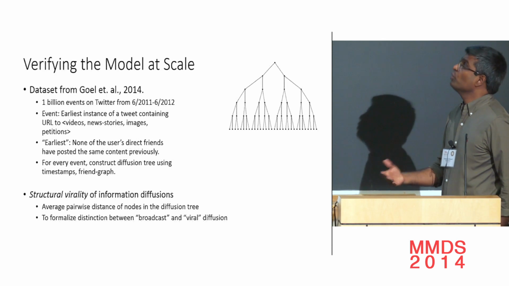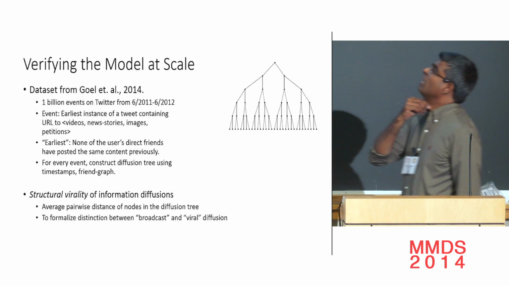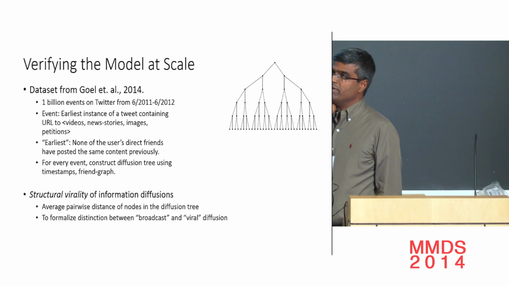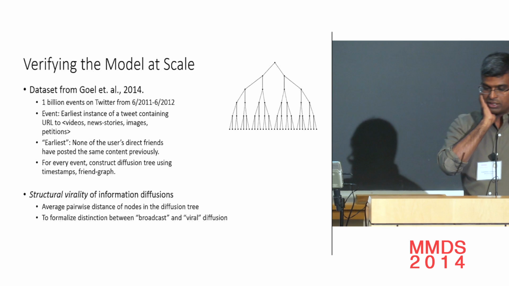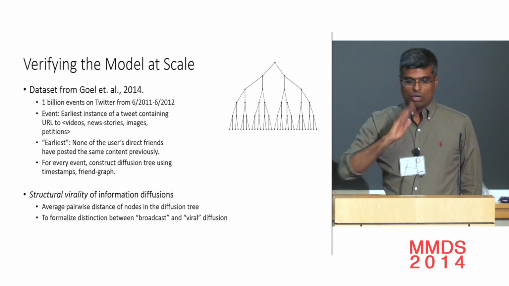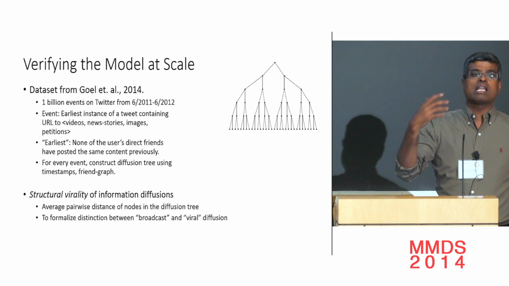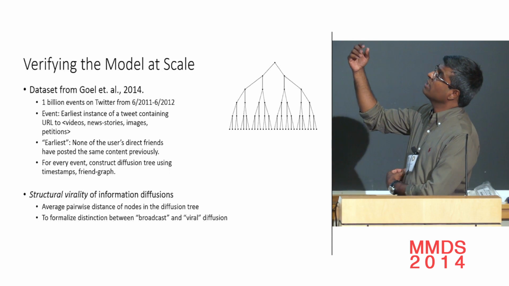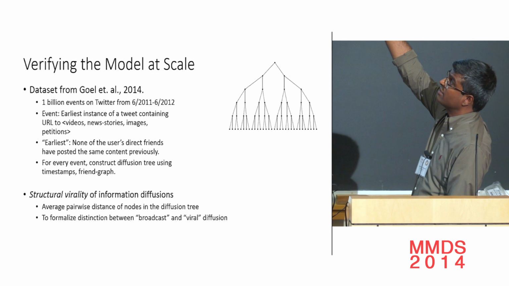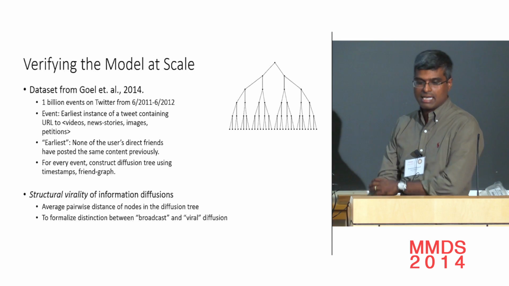And what did we do to actually verify this model? We depended on an earlier study. Actually, it's a very good paper by Sharad Goel and others from MSR NYC, where they studied structural virality, or virality of information diffusion, okay? Here is the data set that they worked on. Actually, it's a very large scale data set.